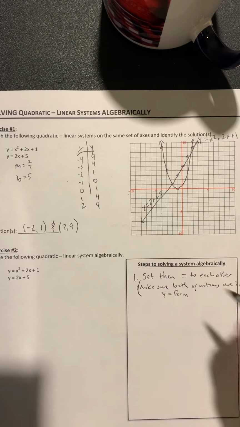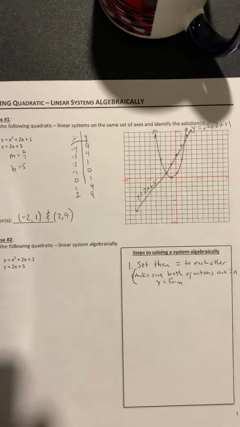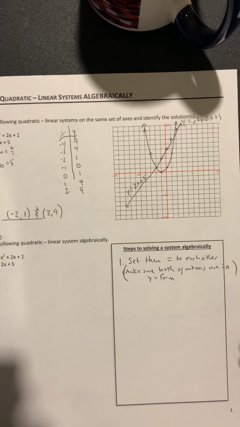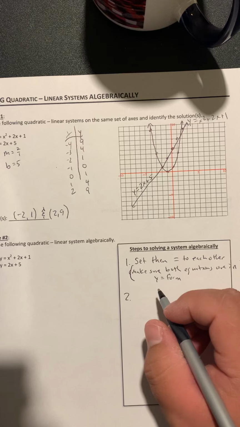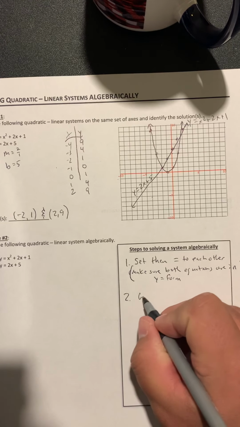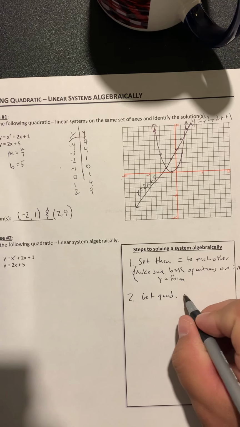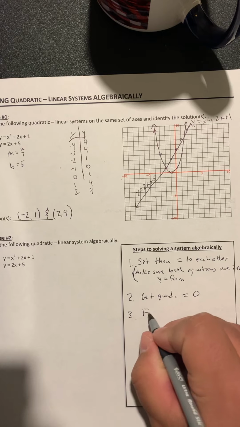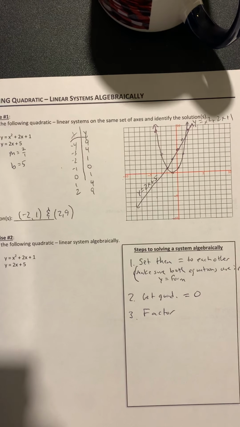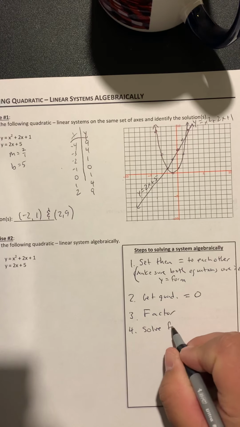If they're not in y equals form, make sure you get them into y equals form. Step 2, get your quadratic equal to 0, just like you're solving a regular quadratic. Step 3, factor. All of these are going to be factorable. Step 4, solve for x.